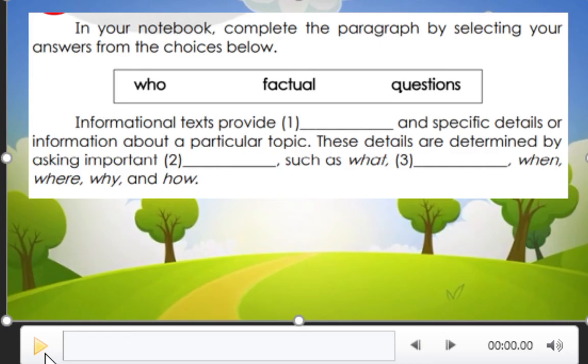Again, informational text provides blank and specific details on information about a particular topic. These details are determined by asking blank such as what, blank, when, where, why, and how.